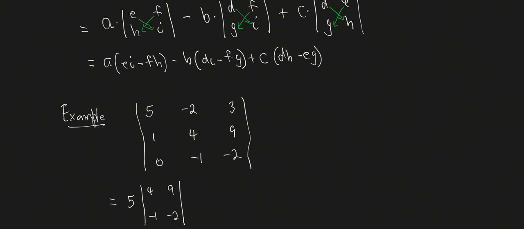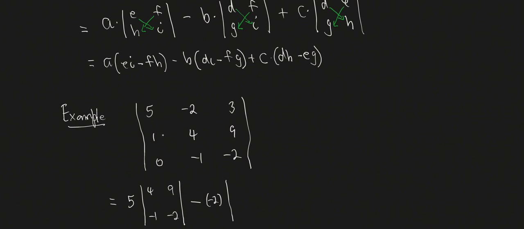But yeah, so we choose this entry and then remove its column and row and then find the determinant of what's left, and that will multiply the 5. Then I have to do a minus. That's a part of the formula, but the entry in the first row, second column, is also negative. So then this is this -2, and we will simplify that in the next step. And then remove the second column, first row.